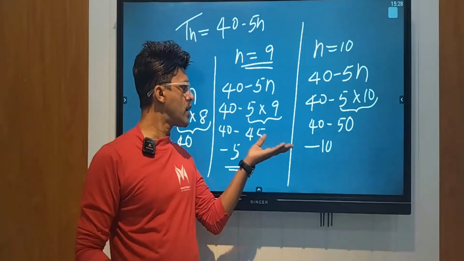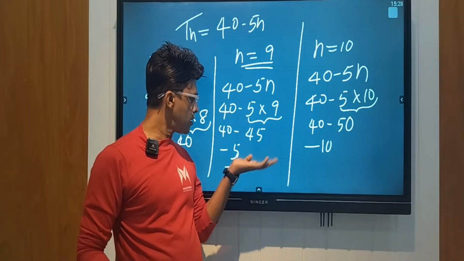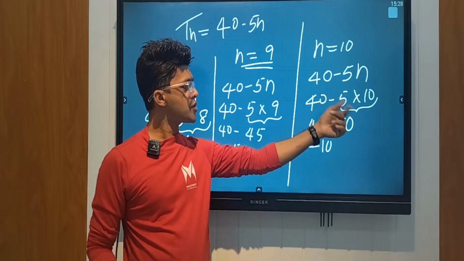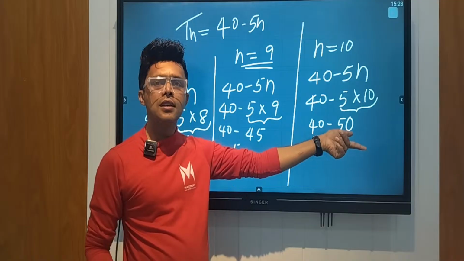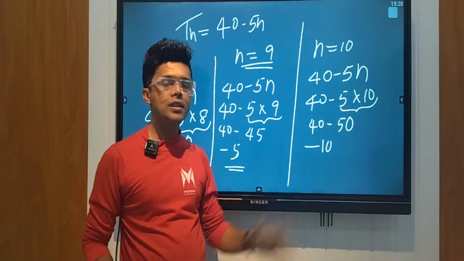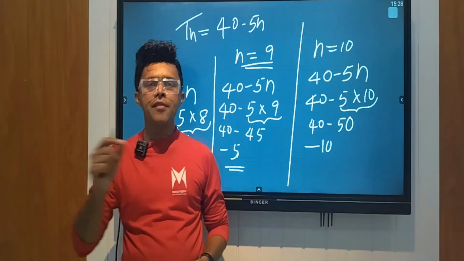According to this general term, 40 minus 45, then 40 minus 50, next 40 minus 55, next 40 minus 60. Likewise, after the 8th term, all the terms that you are going to get must be negative numbers.